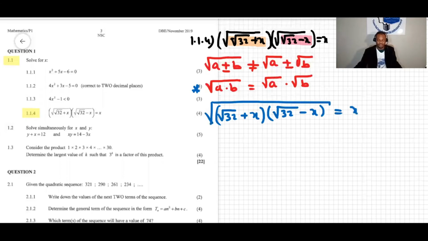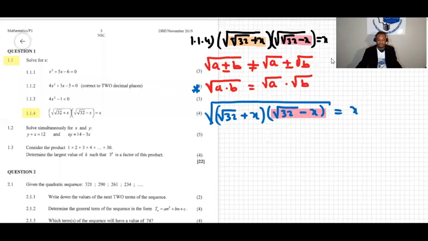If you're unsure, you can just see this is what we called b, and this was a, so we have a, b as in this property we said.